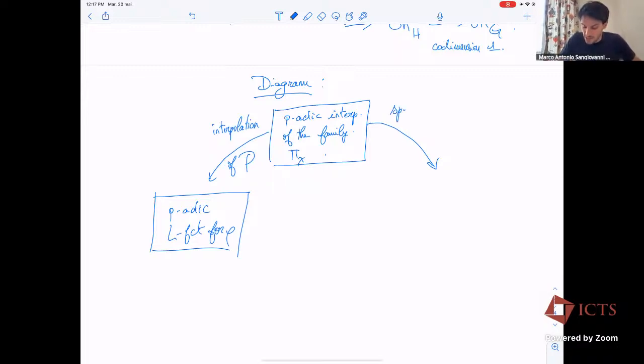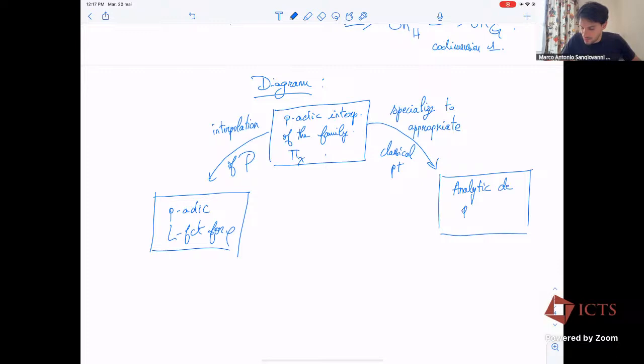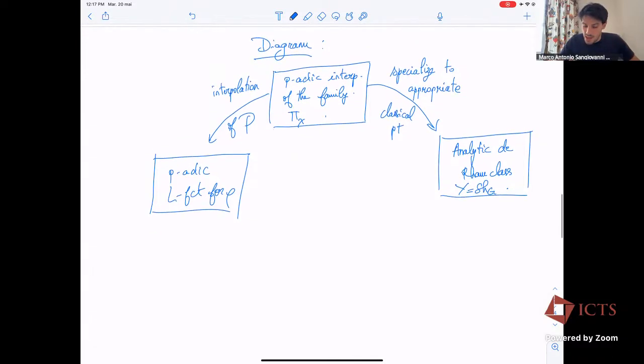You specialize to an appropriate classical point. And so this should give you an analytic de Rham class on the big Shimura variety, the one for G. And then you should find a geometric reason why pi chi is degenerate.